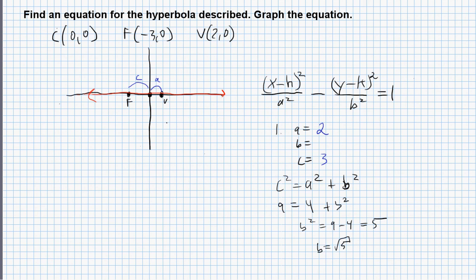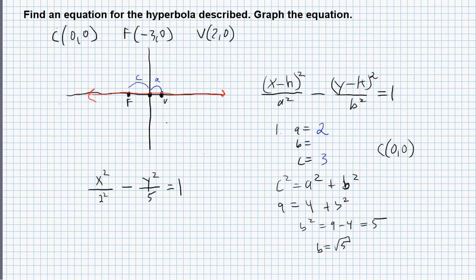Now we're also given from the beginning that the center point of our hyperbola is 0, 0, and all that information is going to allow us to now write the equation: x minus 0, which is x squared, over a squared, which is 2 squared, minus y squared, since the k number is 0, over b squared, which is 5, is equal to 1.